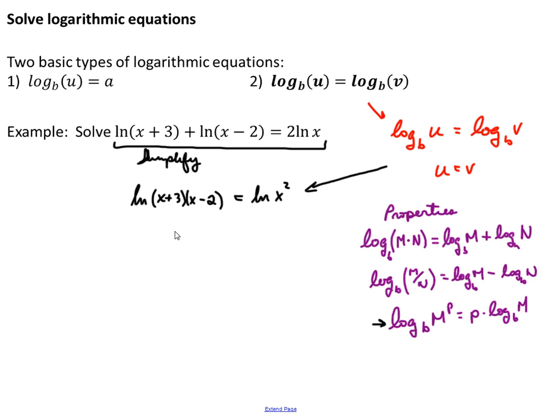This equation now says that if the quantity x plus 3 times x minus 2 is set equal to x squared, we will have found the value or values of x that make this equation true. So we should go ahead and carry out our algebra now.